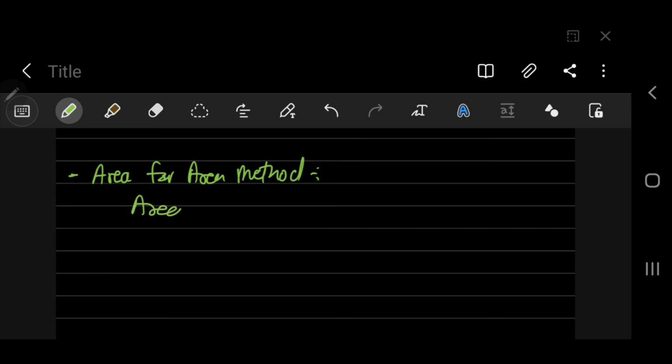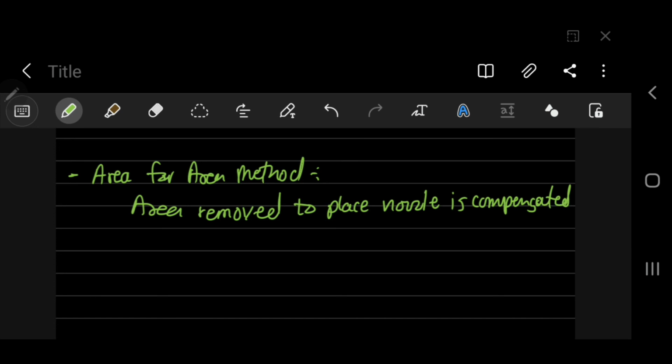So the area removed to place a nozzle is compensated by providing additional area. The strength which is lost due to the provision of the nozzle is compensated by providing additional area, and this area is calculated by the area for area method.